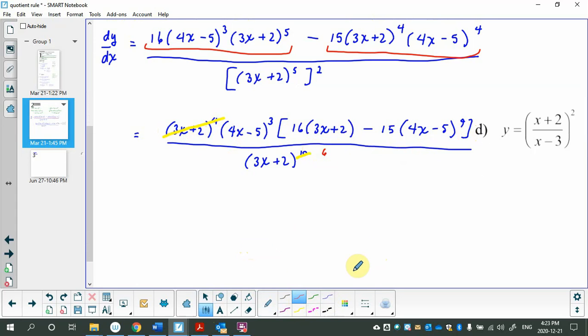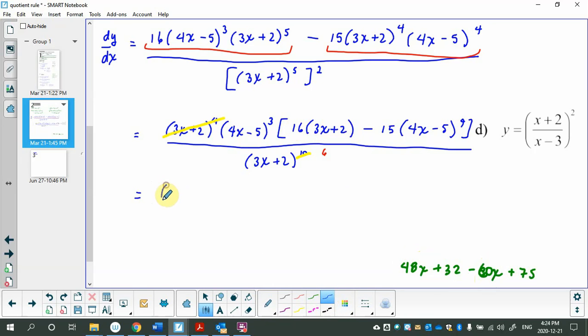I'm going to take this space right here in green and multiply this out. So 48x plus 32, that's 16 times 3x, 16 times 2, negative 15 times 4x, and negative 15 times 5.